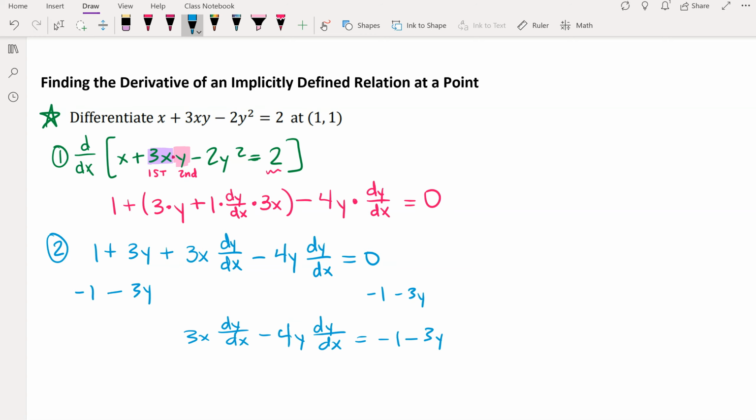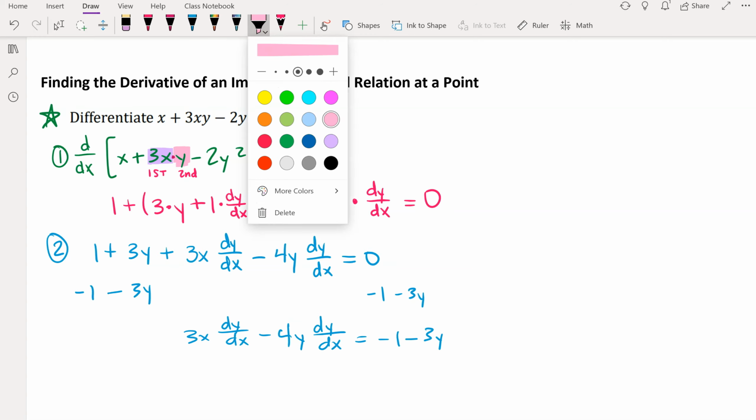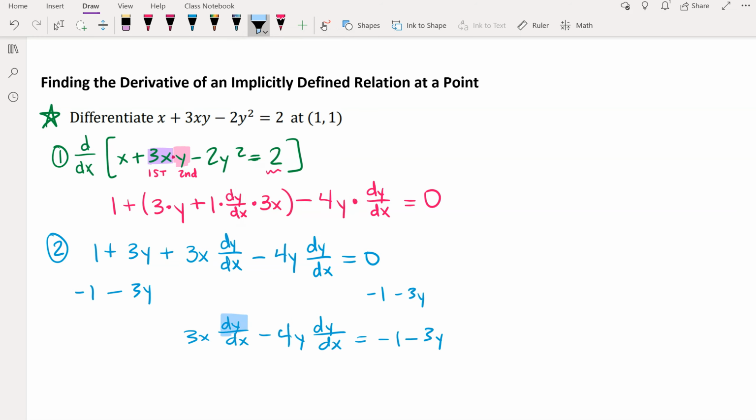Sweet. Here's where we need to factor out a GCF. Our GCF is dy/dx right here. That's the greatest common factor. So we're going to pull it out in front. So we get dy/dx, and when we factor that, we have left on the inside 3x minus 4y equals negative 1 minus 3y. Sweet.